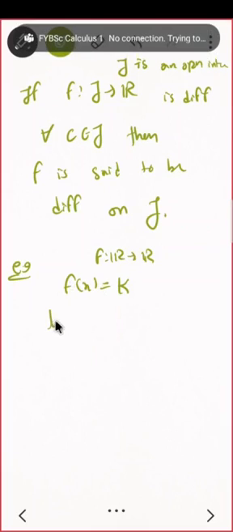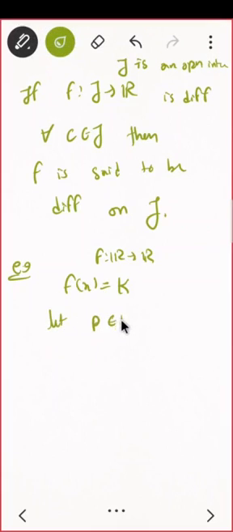So let p belong to R, p be any arbitrary point जिस पे मुझे differentiability check करना है, correct? Now P is a point for you. So what you have to calculate? Either you use first principle, जो भी तुमको अच्छा लगे. फर्स्ट प्रिंसिपल ज़्यादा अच्छा रहता है क्योंकि लिमिट एक्सटेंडिंग टू ज़ीरो होता है वहाँ पे. Correct?